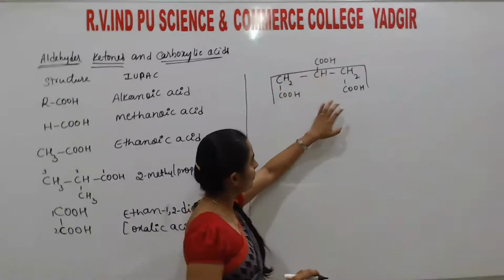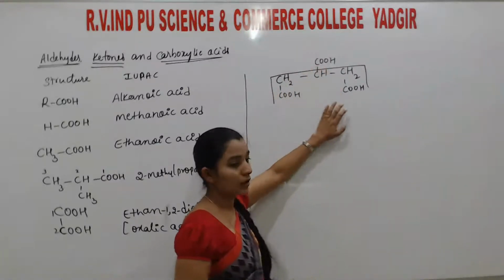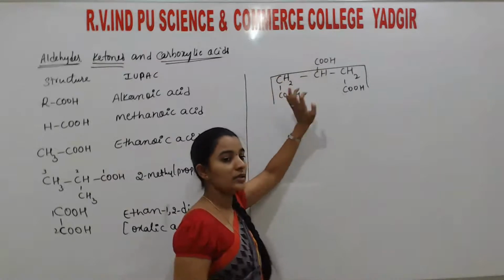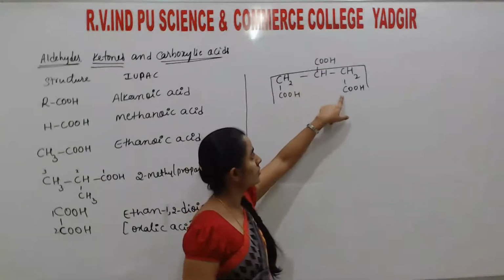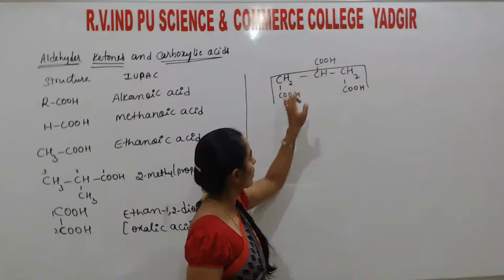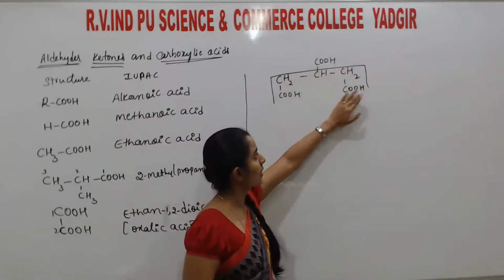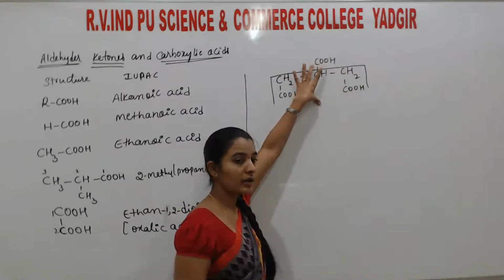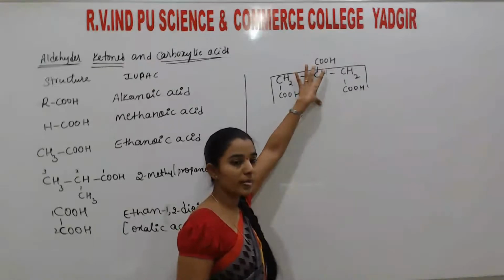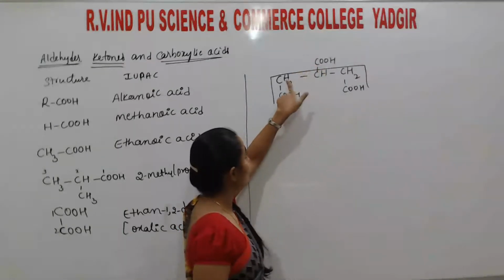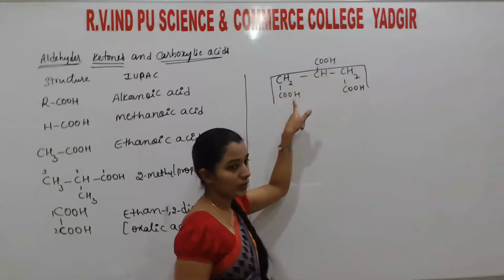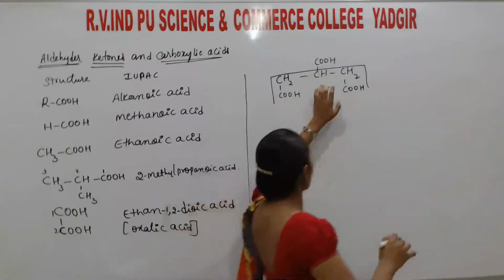To give equal preference to all the 3 carboxylic acid groups, if we consider this one as the parent chain, this carboxylic acid cannot get any priority. Are you getting? So to give equal priority, the name of the compound follows.